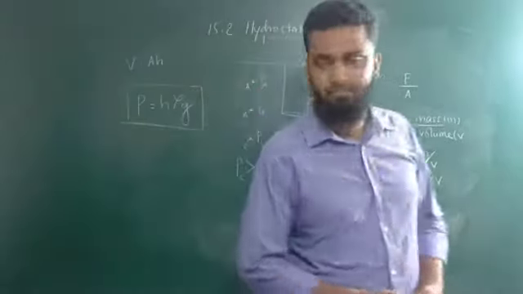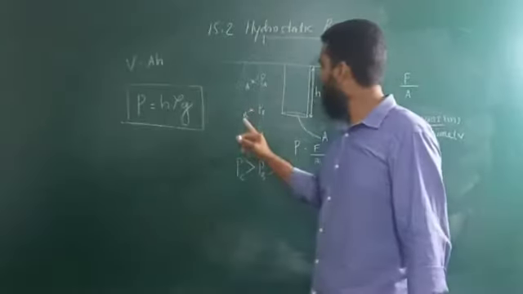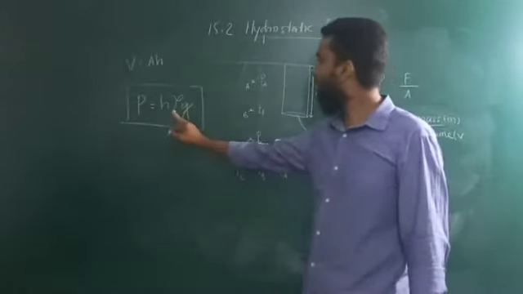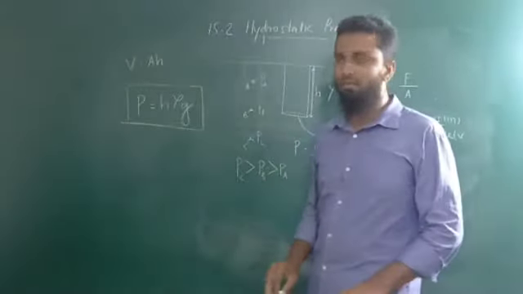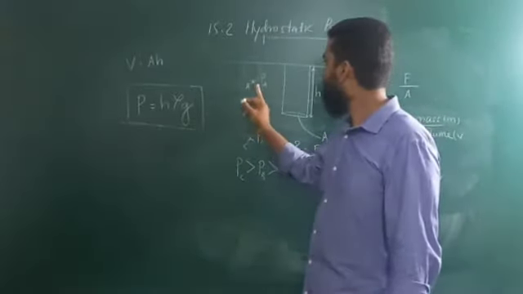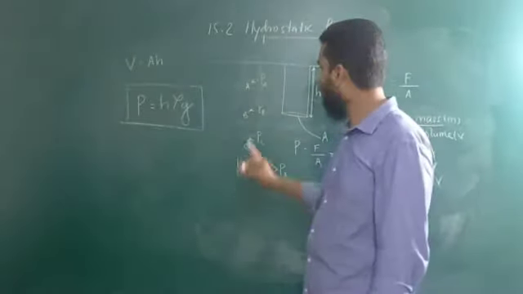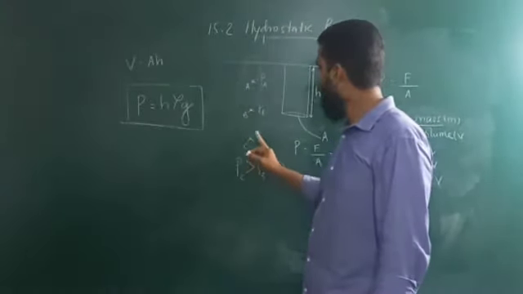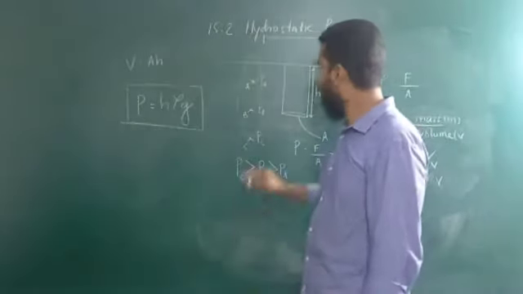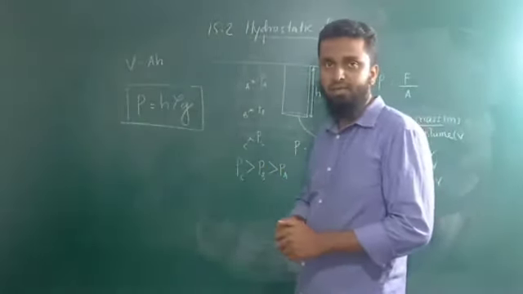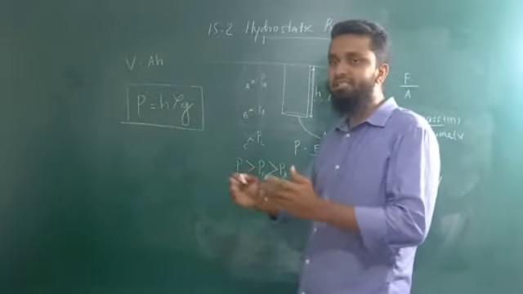Now consider these points A, B, C. For this liquid, rho is constant. At the point A, the same liquid is there in B as well, right? The same liquid there in C as well, right? The same liquid means same density, right? In a liquid, we can't differentiate the density.